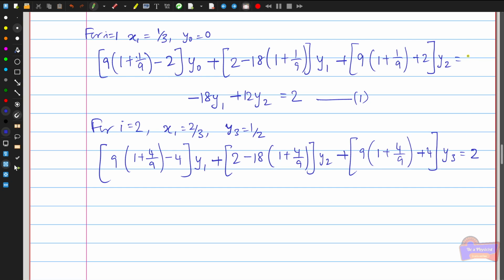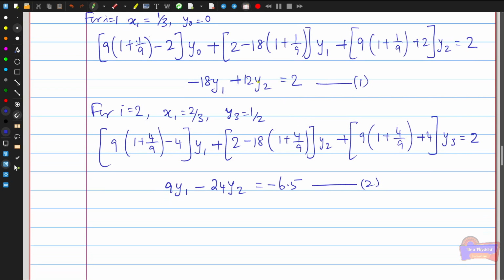I can further reduce this equation as 9 times y1 minus 24 times y2 which is equal to minus 6.5. So this is equation number 2.